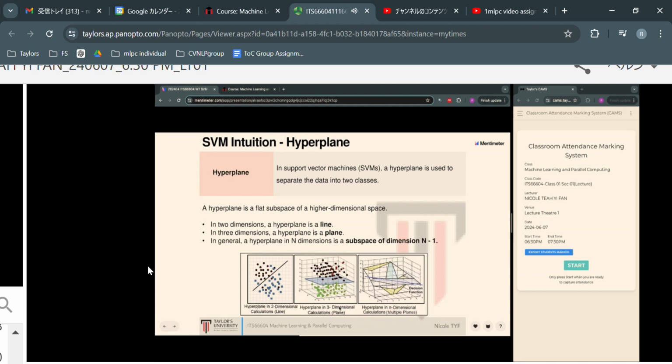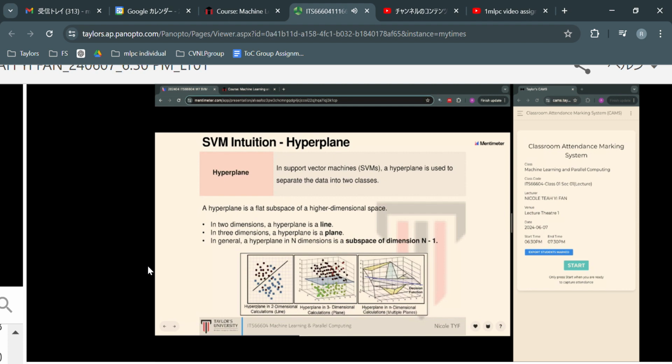Now that we understand what a hyperplane is in SVM, let's talk about how SVM works with the hyperplane. This hyperplane is ultimately what SVM is trying to figure out to separate our data into two or more classes. This hyperplane is a subspace, or a surface, so it can extend into higher dimensional space as we add more and more features.